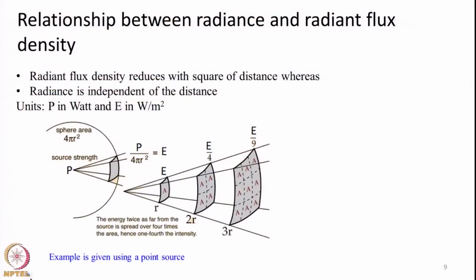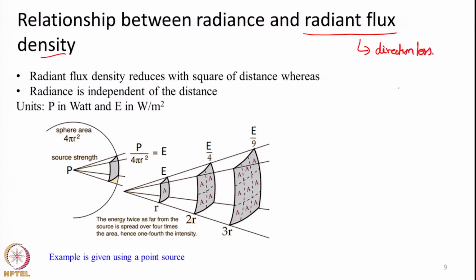What we are going to continue with today is looking at the relationship between irradiance, radiance and radiant flux density. Before actually seeing this, we will make one thing clear: radiant flux density is directionless.